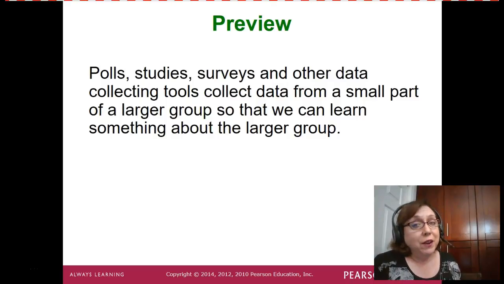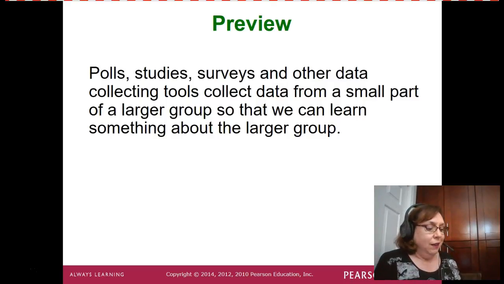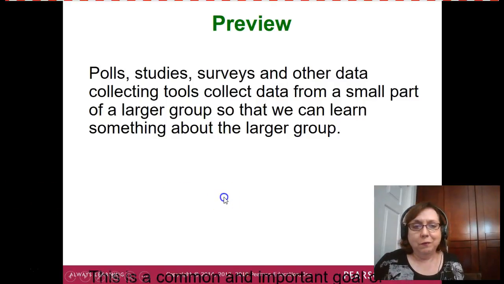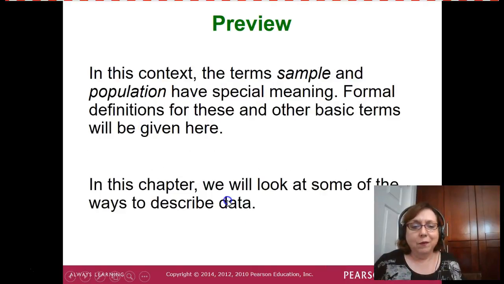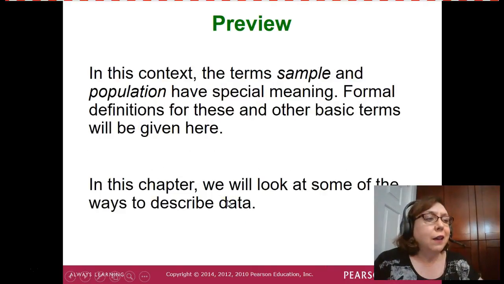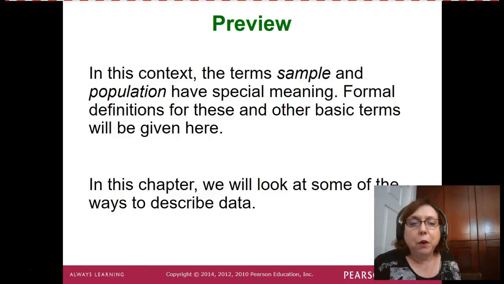The possibilities are endless. The terms sample and population, as you see in this slide, are important. They have special meaning. We're going to talk about samples and populations throughout the whole course.